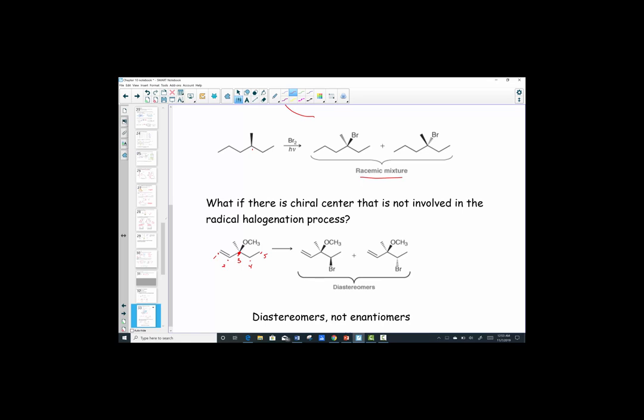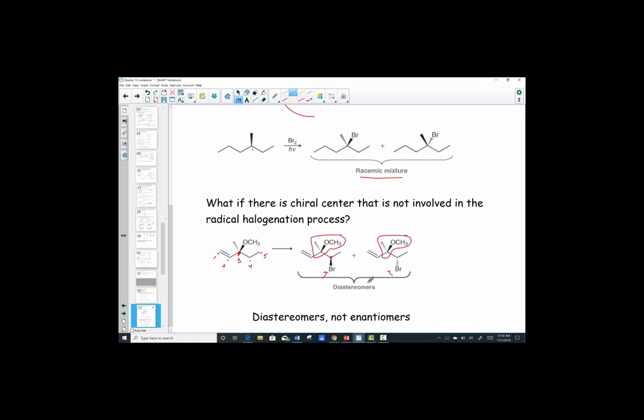The bromine adds to this, we'll call it carbon 4, and we produce a new chiral center. But notice here, this configuration didn't change. That's not what's involved.